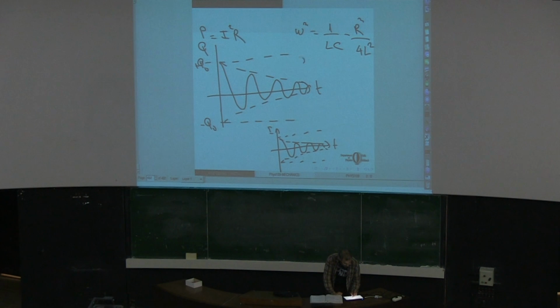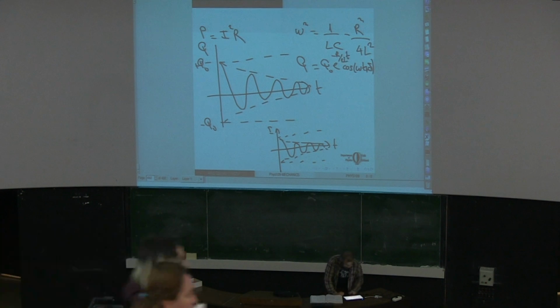Now, the charge as a function of time will also be similar, let's say Q0 cosine omega t plus some delta. This delta will be determined by the initial value, but this is just an oscillation up and down. There is also a damping, e to the minus R over 2L times t.